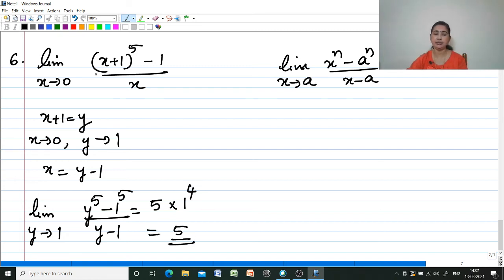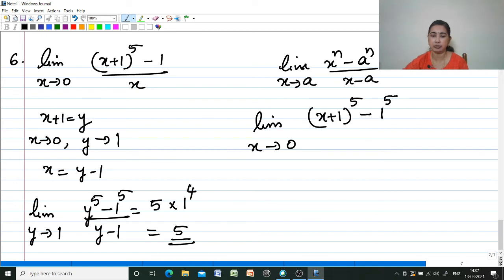So another way is without substitution also we can do. Here, limit x tends to 0, x plus 1 raised to 5 minus 1 raised to 5 divided by, instead of x we can write x plus 1 minus 1, that is x itself. So now it is in the same form as in the numerator. Here also we have to change the limit.